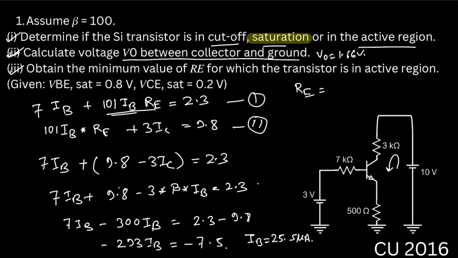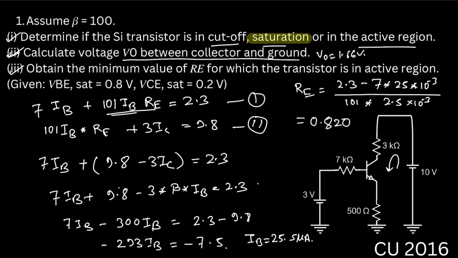RE equals 2.3 minus 7 into 25 into 10 to the power minus 3, the data will be in kilo ohm, divided by 101 into 2.5 into 10 to the power minus 3, which is 0.820 kilo ohm. That means 820 ohm.